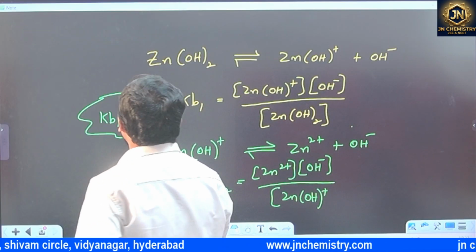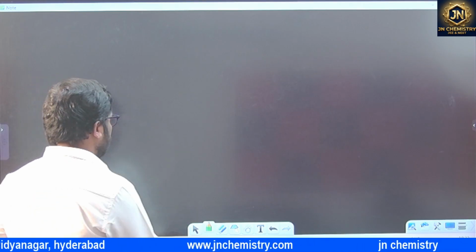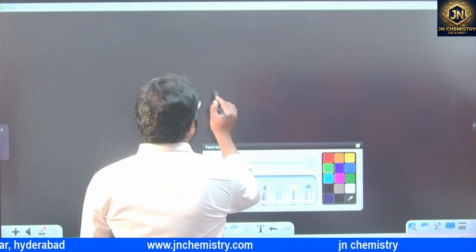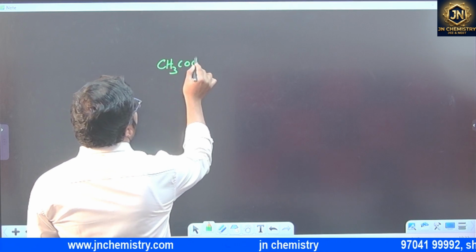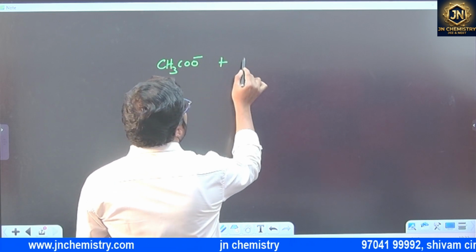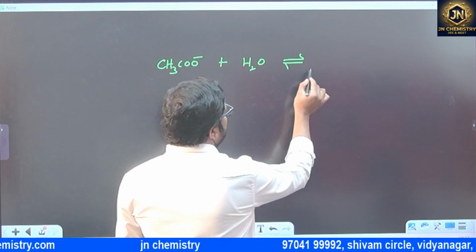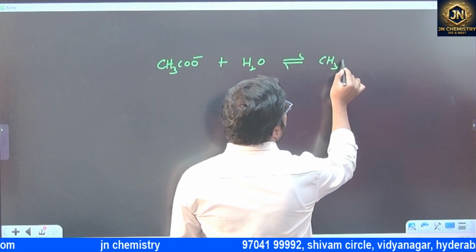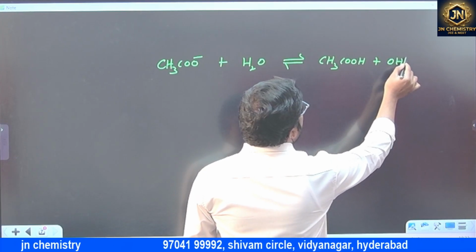So this is defined for anions also, I told you, right? For example, the anion CH3COO minus on hydrolysis, anion hydrolysis, we will get CH3COOH plus OH minus.